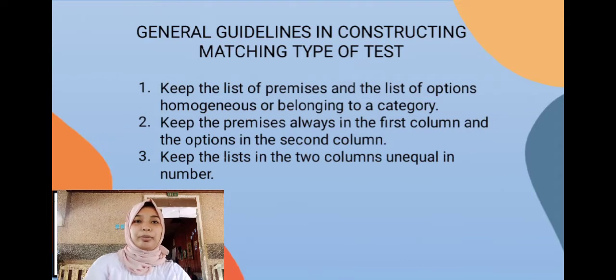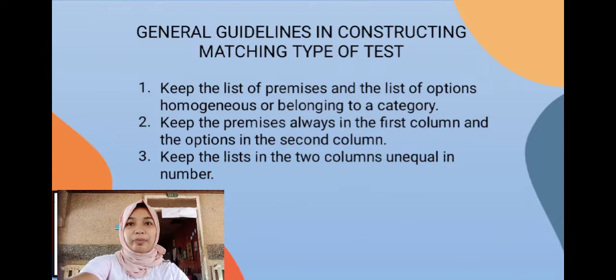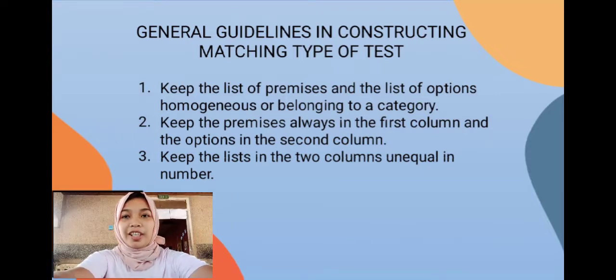Now, let's talk about number 2. Number 2, keep the premises always in the first column and the options in the second column. Since the premises are oftentimes descriptions of events, illustrations of principles, functions or characteristics, they appear longer than the options, which most of the time are names, categories, objects, and parts.